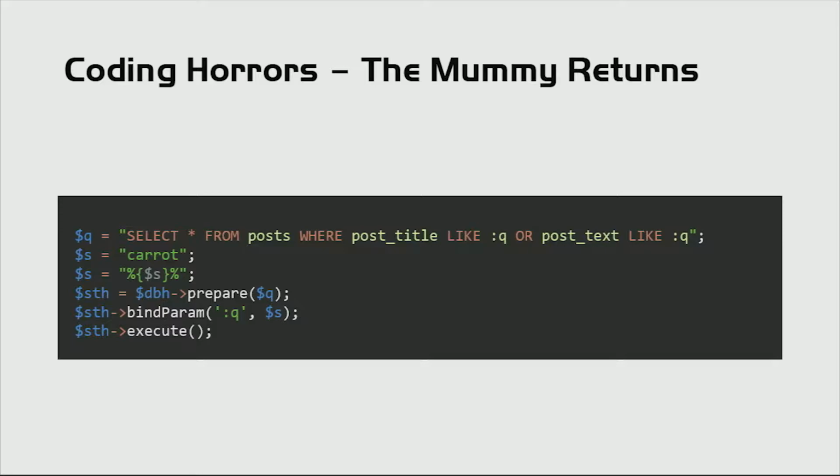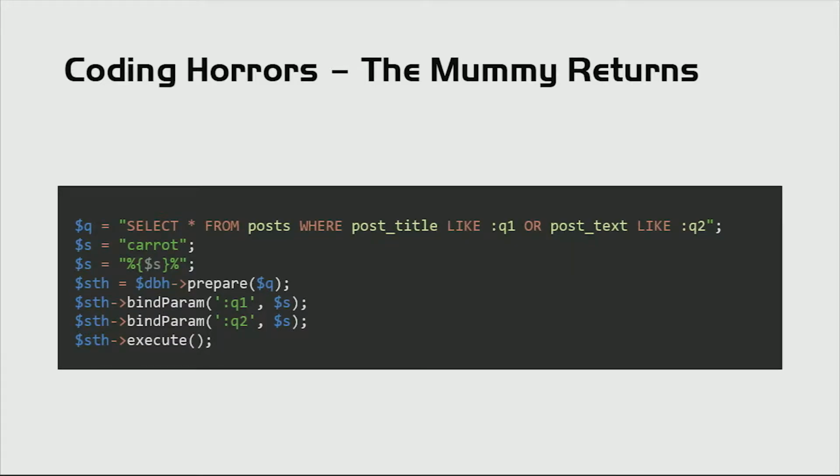But now you're binding names, your placeholder names have to be unique. So for something like that, you would have to work with uniquely named Q1, Q2 in this case, and bind each one separately, unless you are working with 5.3.7 or whatever it was, where it happened to work for a single version of PHP.